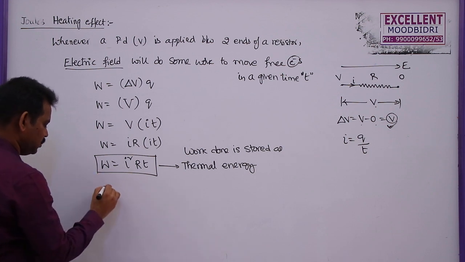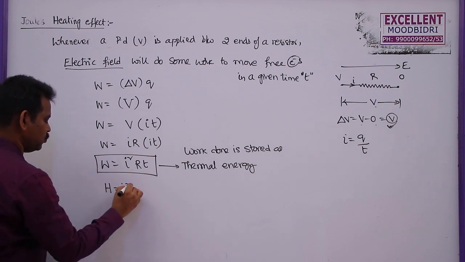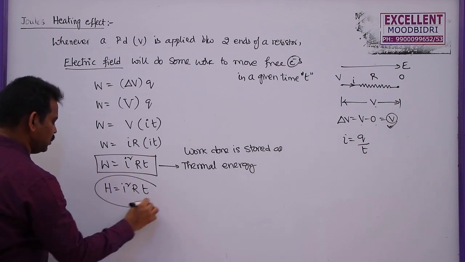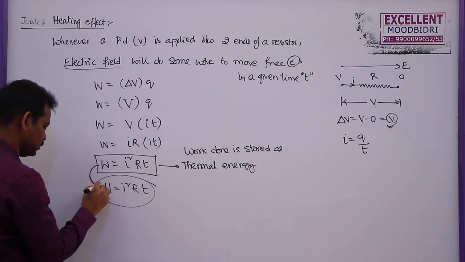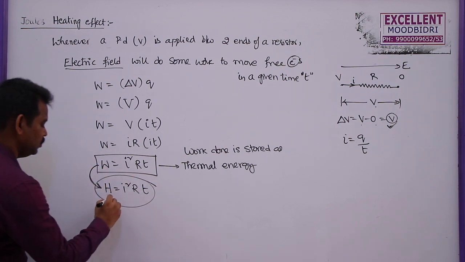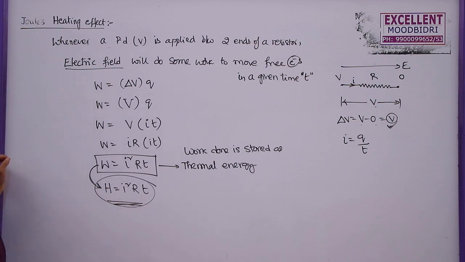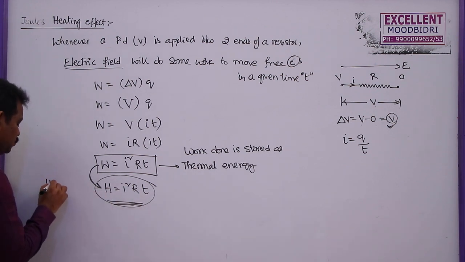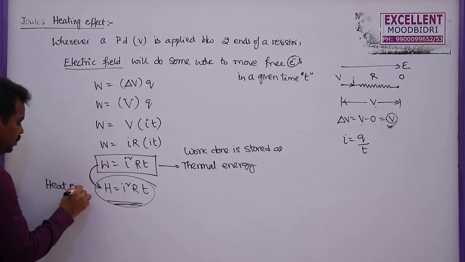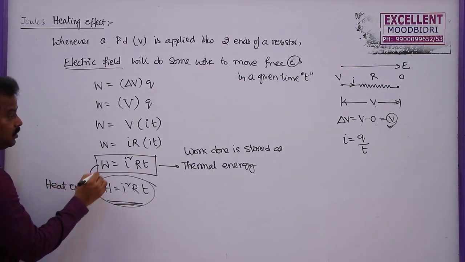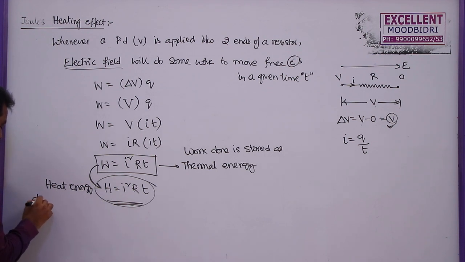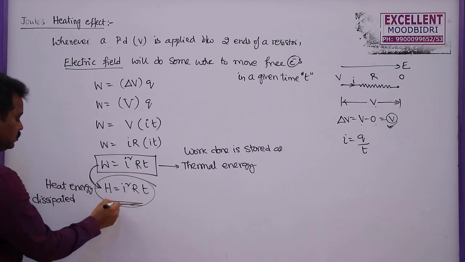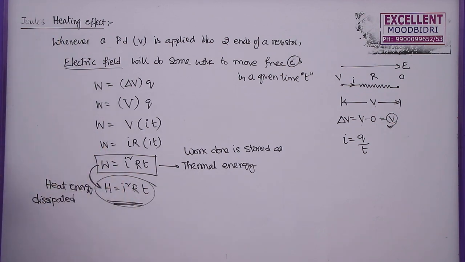So now you can write this thermal energy H is equal to I squared Rt, because work done will be stored as heat energy. So H is equal to I squared Rt. What is this H? H is the heat energy produced, heat energy dissipated in that resistor. H is equal to I squared Rt. This is also called Joule's law of heating effect.